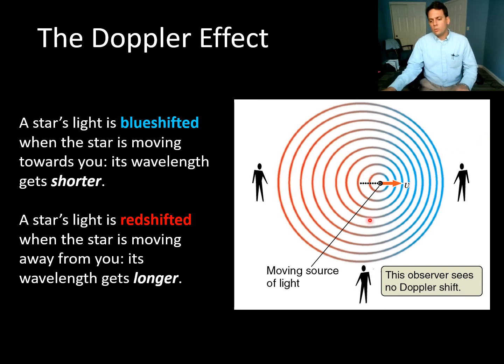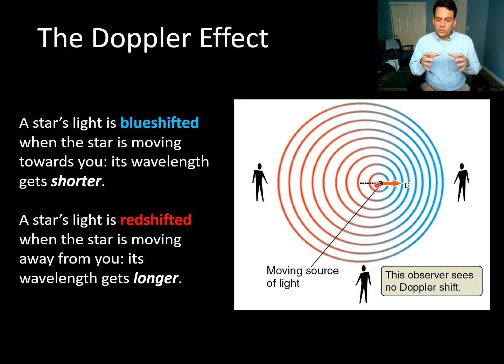So every so often the star emits a peak, and it's got concentric rings that represent the peaks of that light, similar to dropping a pebble into a pond, which creates water waves with concentric rings. What you observe, the wavelength, is the distance between these rings.